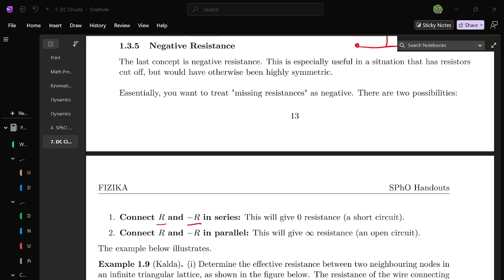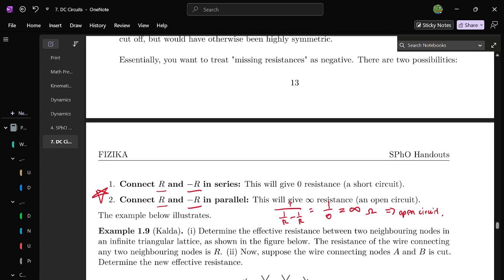Of course, this is just zero resistance. But when you connect R and minus R in parallel, then you have this, which is 1 over 0, which is infinity. And infinite resistance is just open circuit.